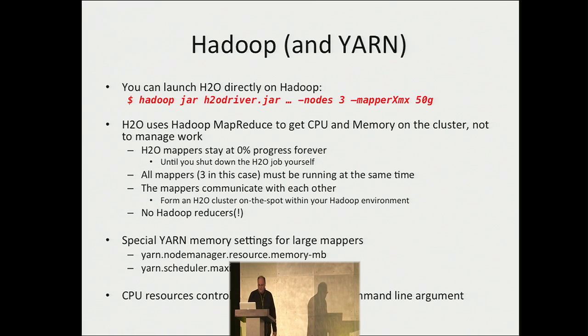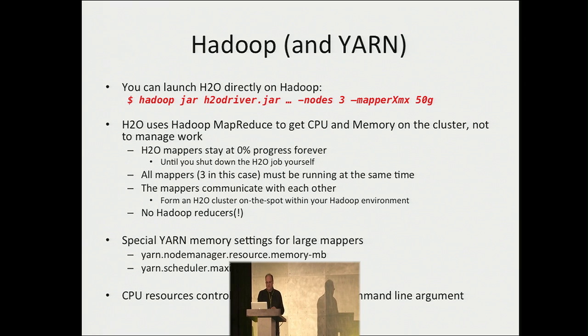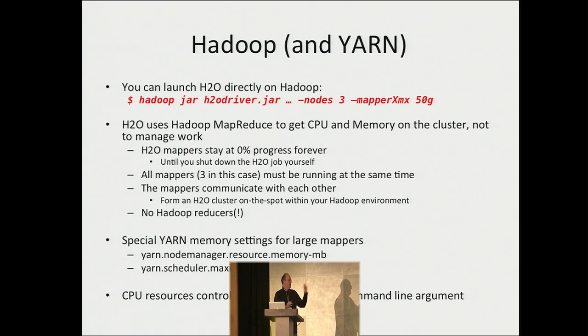Literally, this line in red that you can see here, hadoop jar h2odriver.jar, just type in a one-liner to your shell, and it'll instantly launch a cluster on demand of the size that you asked for. So here you can see this nodes argument, nodes 3 will give you a cluster of 3 nodes, and each of those nodes will be 50 gigabytes. So very, very straightforward. In fact, I would say this is the easiest way to launch a big cluster today.